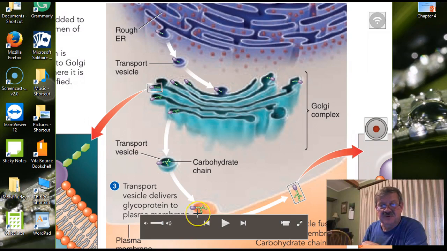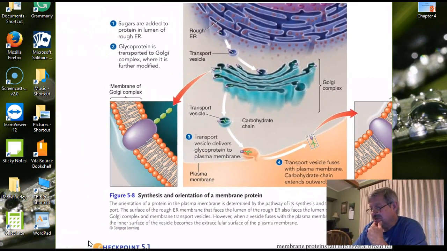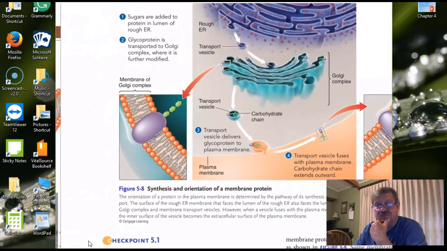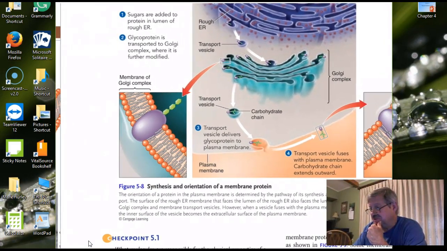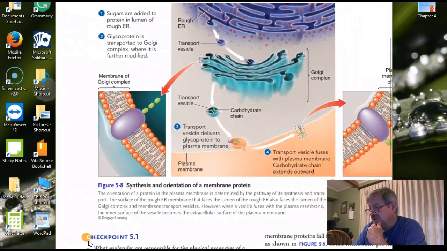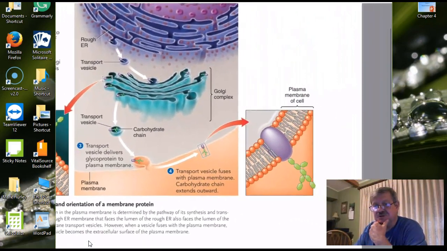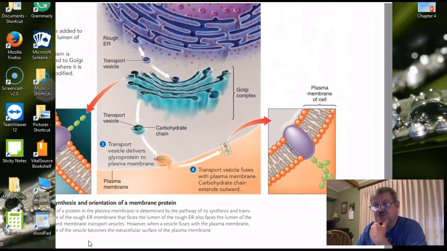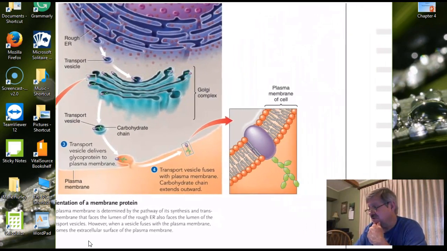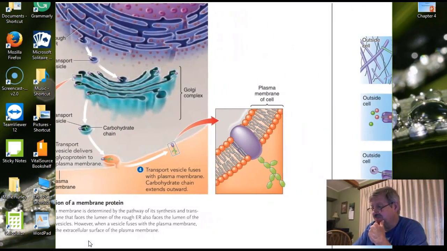Then the vesicle fuses with the plasma membrane, which places this so that the sugar chain extends to the outside. Okay? So basically right here in the Golgi complex, the sugar chain is going to the inside of the organelle. Out on the surface of the cell, the sugar chain goes to the outside of the cell. So all this ties back into the placement of that.